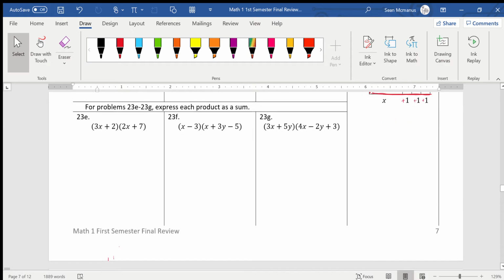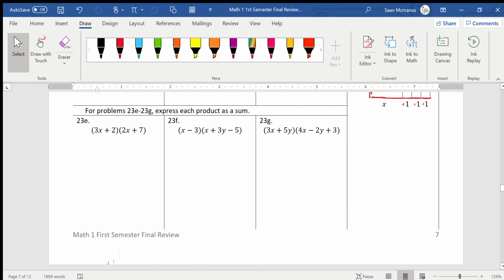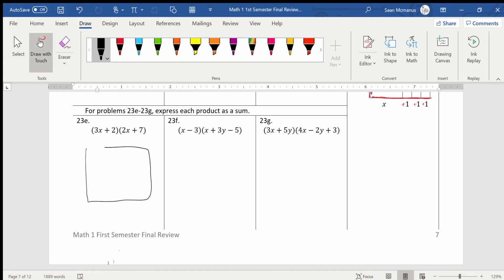23E. Okay, so here it's asking me to multiply these binomials, but it doesn't give me the box. I'm surprised how many people say they don't know what to do, and then as soon as I say draw the box, they know exactly what to do. So remind yourself what this should look like, right? So I'm going to have 3x plus 2 and 2x plus 7.